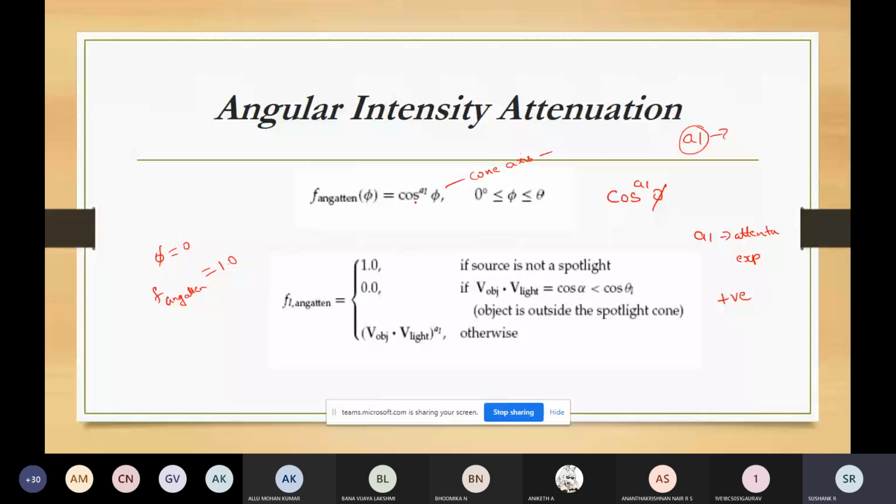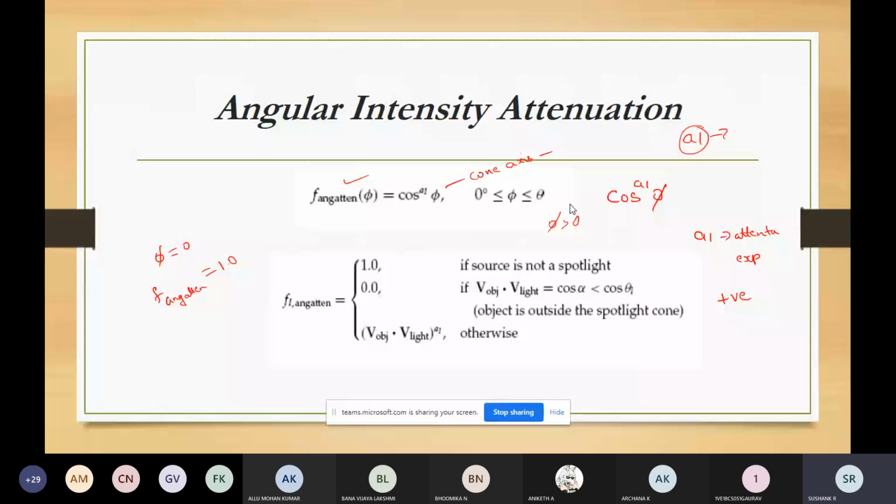Greater the value for this component A1, the smaller the value of this angular intensity attenuation for the function where the angle of phi will be greater than 0. So these things you should keep in mind. Greater the value of this exponent component A1, the smaller the value of angular intensity.